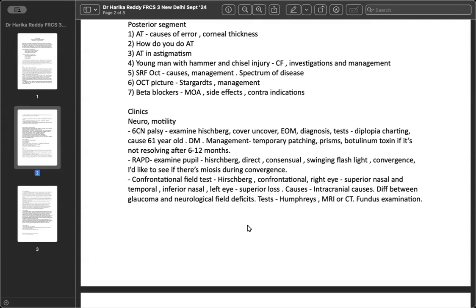They asked what other ophthalmic examination I would like to do. I told them I want to do a fundus examination. And then he asked me if it's a glaucomatous or neurological field defect. Since it was very variable, I told him it could be anything. Most commonly, I told him it could be a tumor because it wasn't respecting either the horizontal or vertical midline.